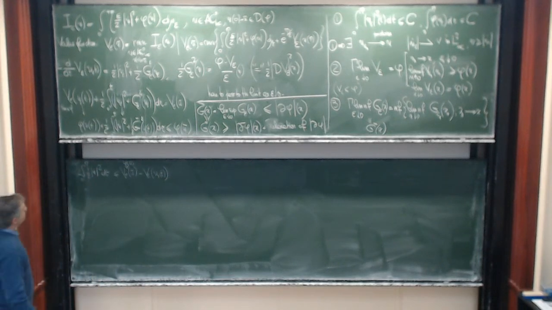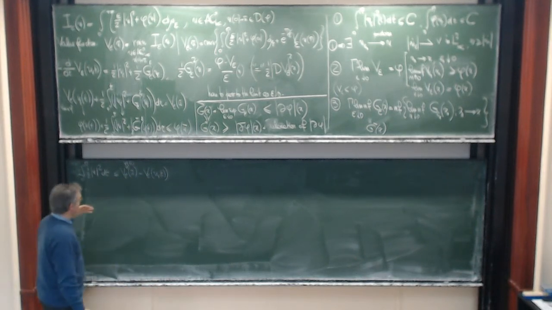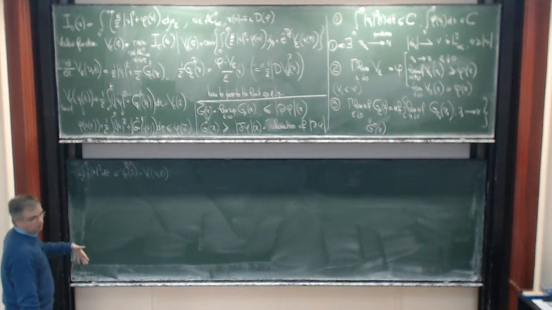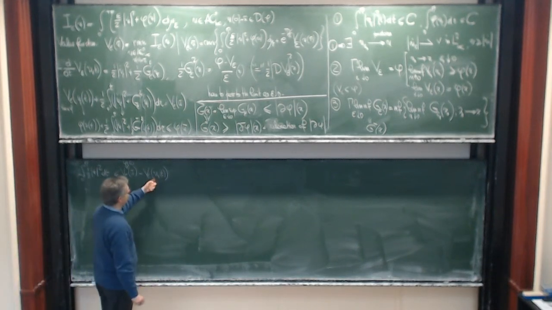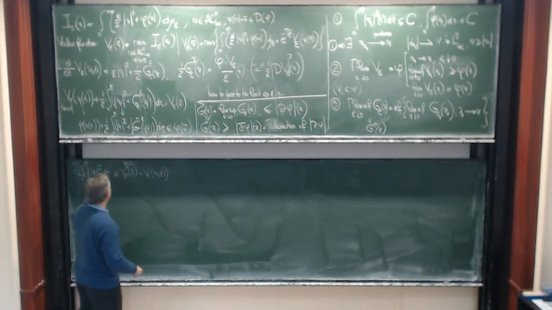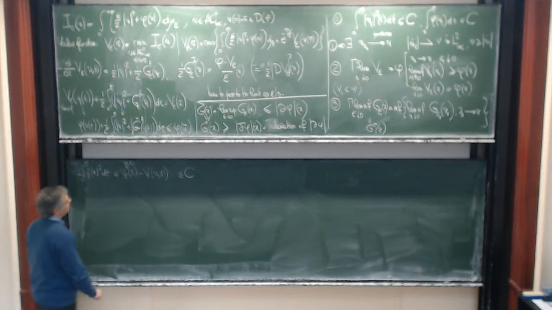And in this situation, we have seen that V epsilon is a functional which is bounded from below as a lower quadratic growth. So this quantity is bounded from below locally. And so from this, you get that all this part is bounded by a constant.